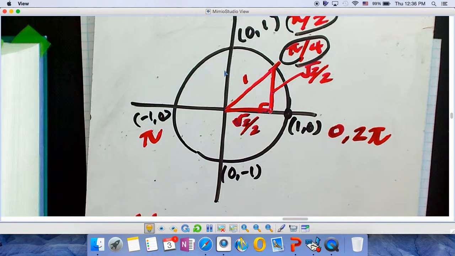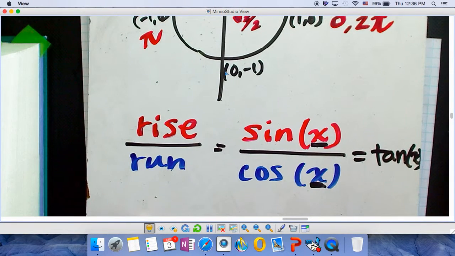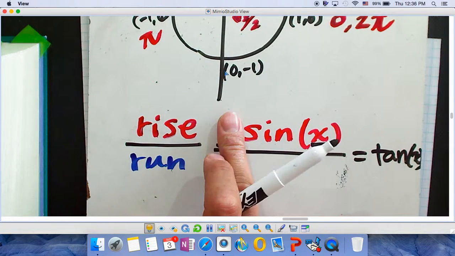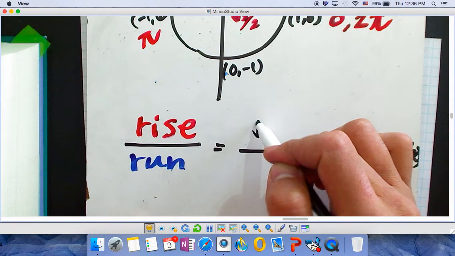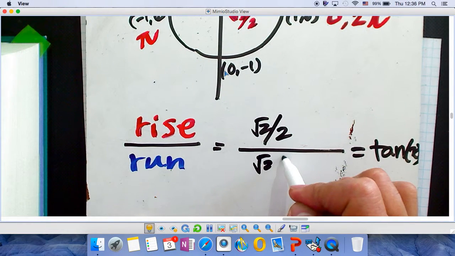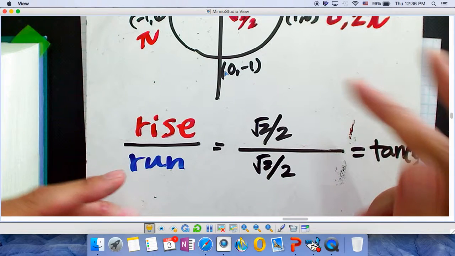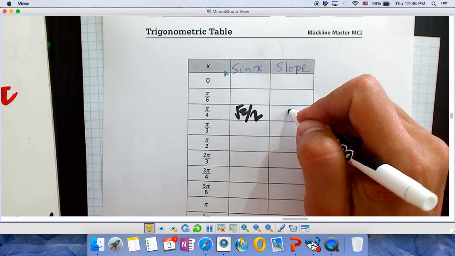And the slope will be rise over run, so sine of x divided by cosine of x. The rise is square root of 2 over 2, and the run is also square root of 2 over 2. Dividing a number by the same number gives 1. So the slope is just 1.